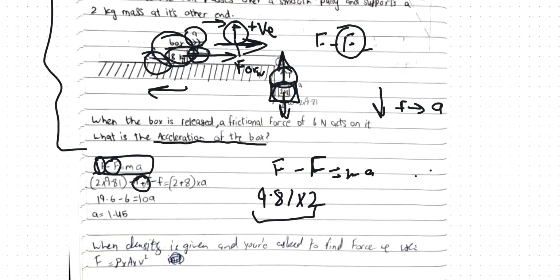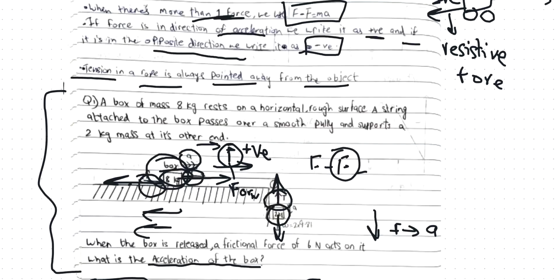So plus T minus F is the resistive force right here, which there would be some resistive force because they told me that the box rests on a horizontal rough surface. They told me it's a rough surface. So remember, when our question says the surface is rough, we'll consider that there is some resistive force, or we can call this friction as well.